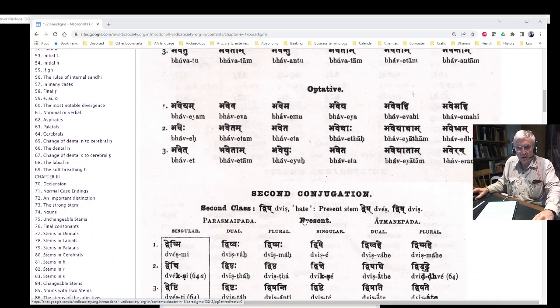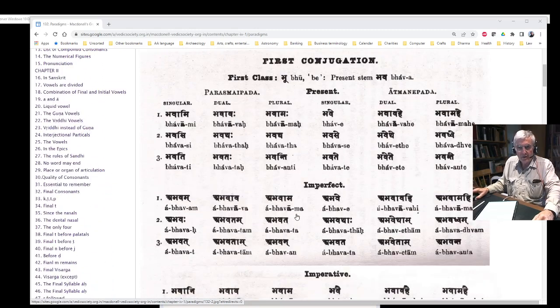Now let's look at the optative. This is from the regular verb bhavami, bhavasi, bhavati, and in plural bhavama, bhavata, bhavanti. Very close, almost the same as the Pali. In the present, in the singular, it's the same: bhavami, bhavasi, bhavati. In the plural, bhavama. In Sanskrit, bhavamaha, see where I'm circling with the visarga.